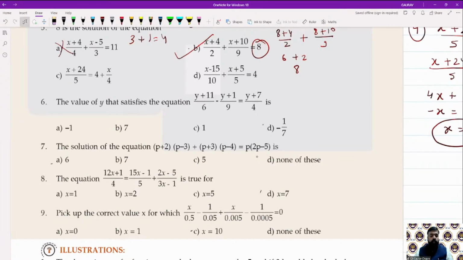Next we have to solve question number 6. (y plus 11)/6 minus (y plus 1)/9 is equal to (y plus 7)/4. Now here we have to calculate the value of y. So let's take the LCM and then simplify.